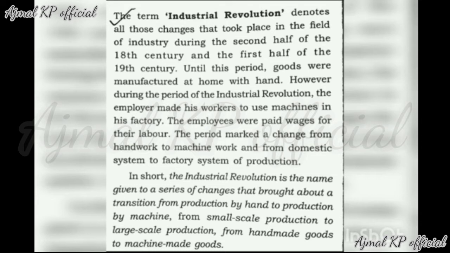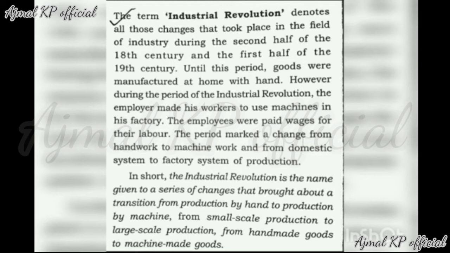So the handmade system changes to the machine-made, and the domestic system changes to the factory system of production. Those changes came about after the coming of the Industrial Revolution.